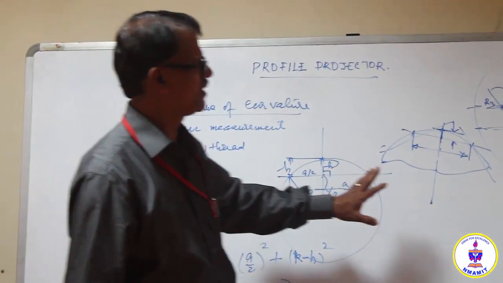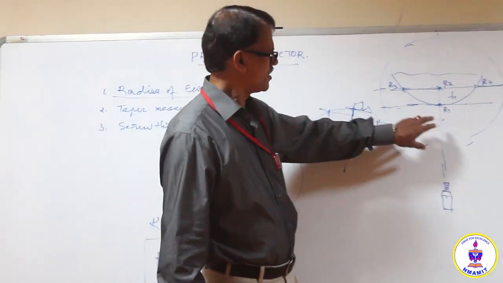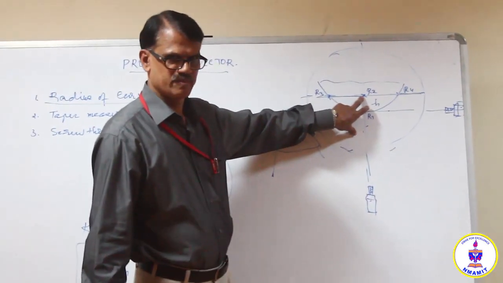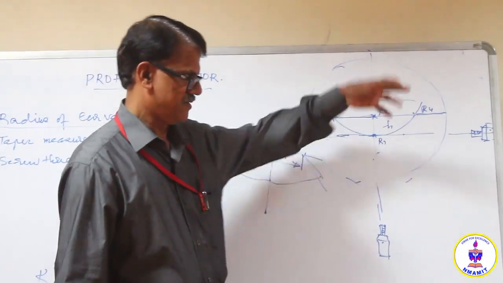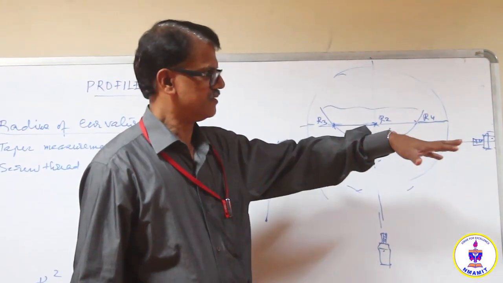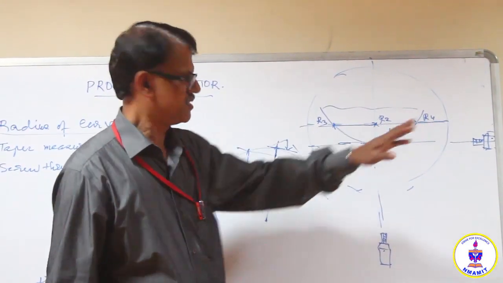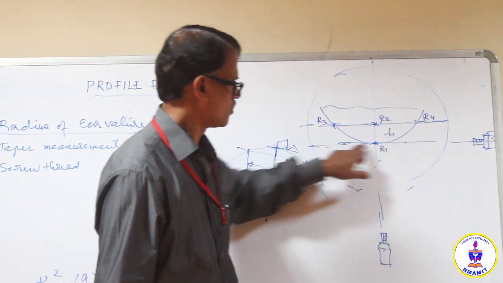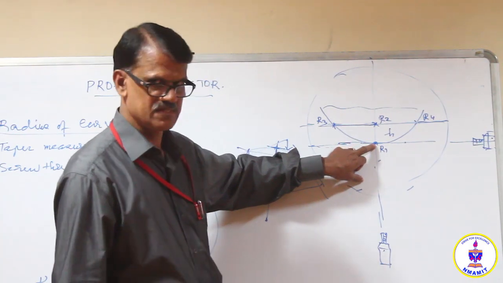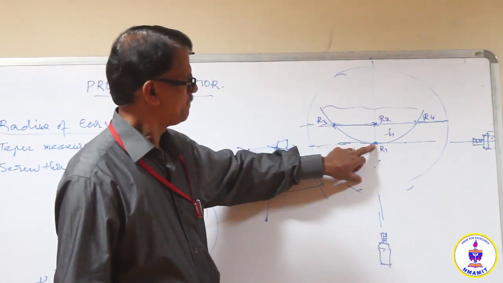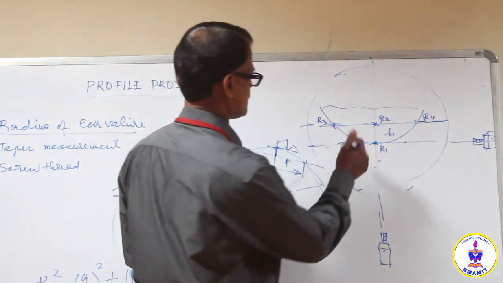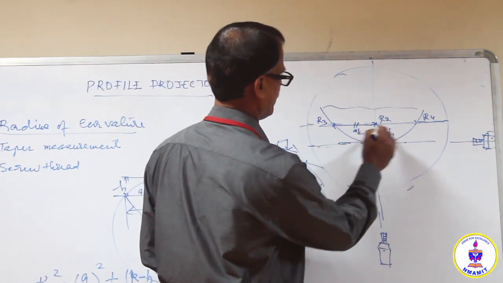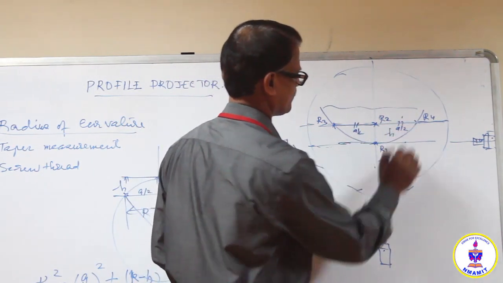So while doing this experiment, the important point is that the specimen must be kept on the table and positioned while obtaining that sharp image. This must be positioned in such a way that the horizontal cross line is tangential to this, and say this distance is a by 2 and this is a by 2.